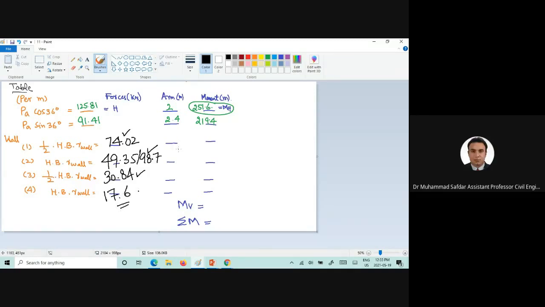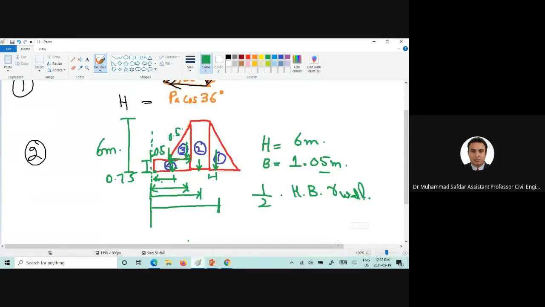Now, how about the moment arms? Let me draw here as well 0.7. So if the total is 2.75 meter, this portion would be equal to 1.05.